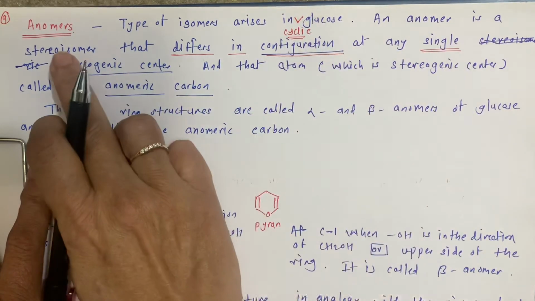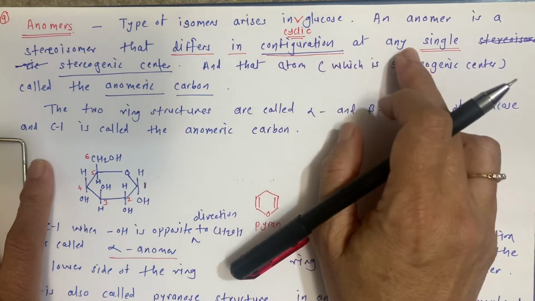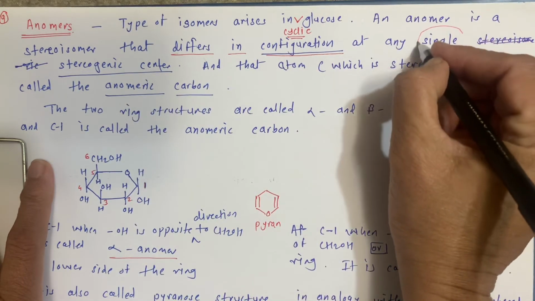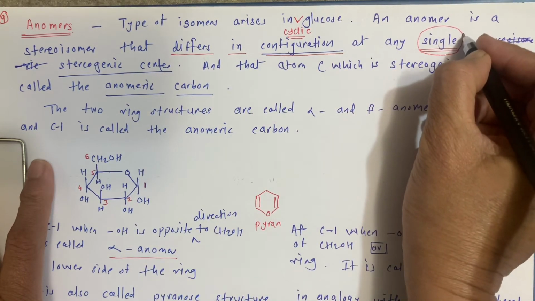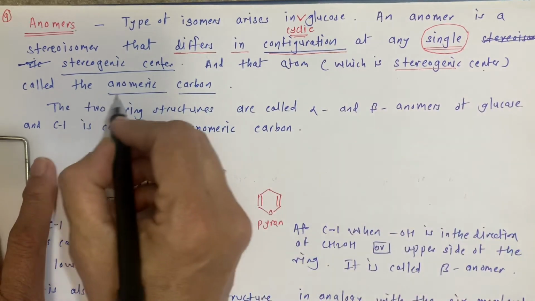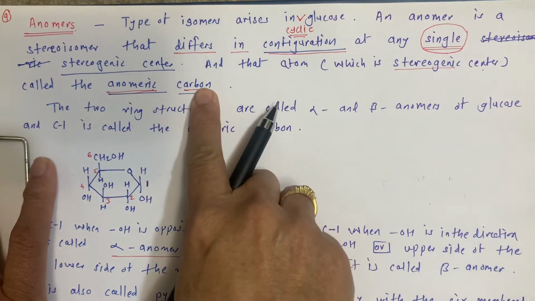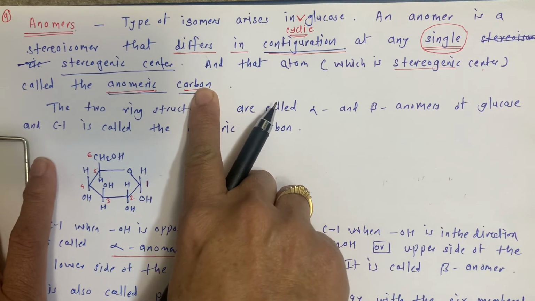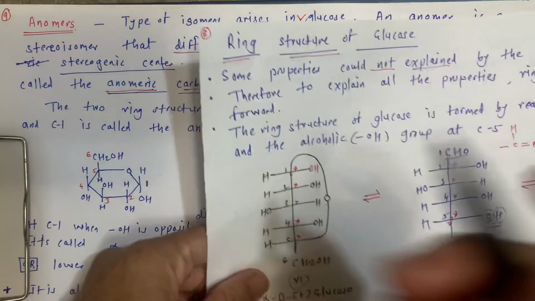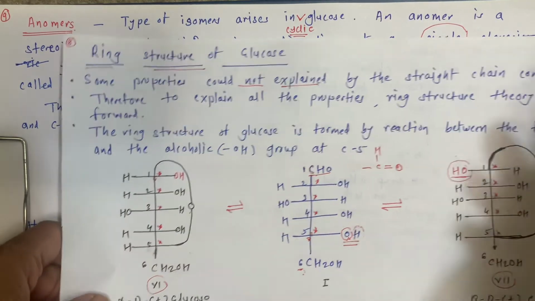An anomer is a stereoisomer that differs in configuration at any single stereogenic center, only a single carbon. That atom which is the stereogenic center is known as the anomeric carbon. This is our anomeric carbon.